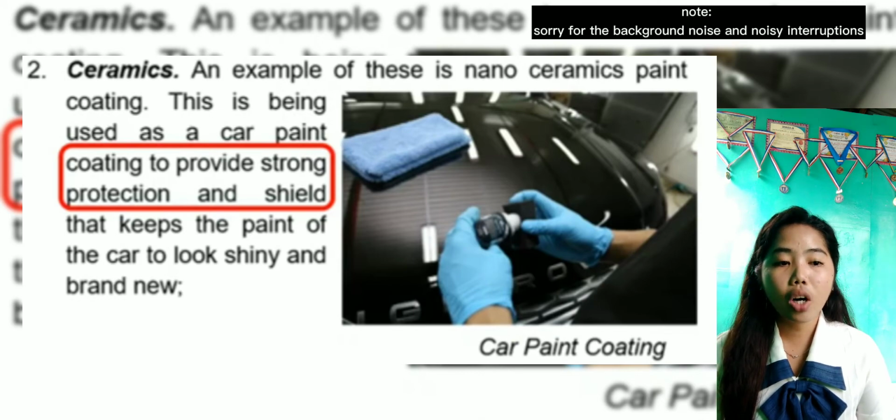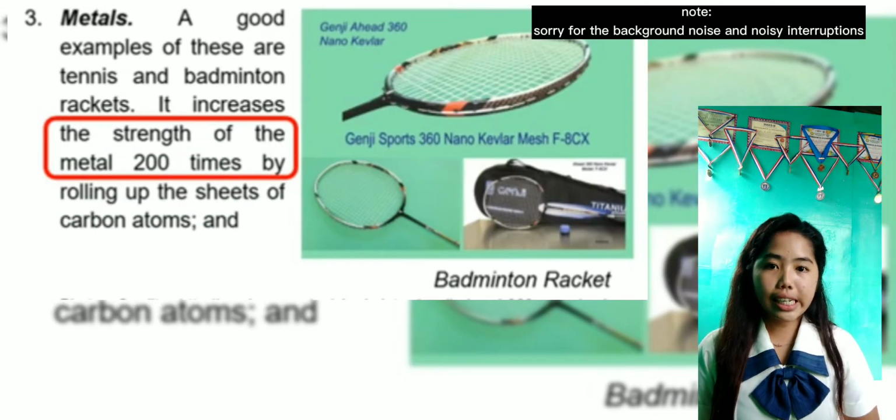A nanoceramic coating is a scientifically formulated solution meant to penetrate microscopic imperfections, fill those gaps in the top range of the nanoscale, and provide a layer of protection that is nearly as strong as solid. Third is metals.